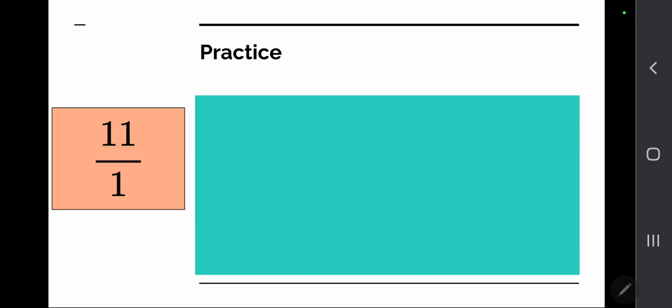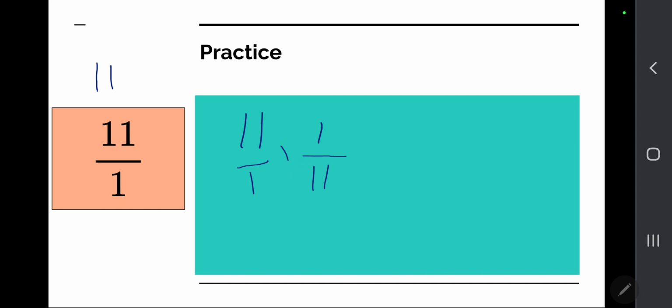Okay, all righty. And here's a similar one to that 9. So we have 11 over 1. We really could just simplify this later and just say that we're talking about the whole number 11. Okay, so let's just take the reciprocal of 11 over 1. If we take the reciprocal, our numerator will now be 1, and our denominator will now be 11. All we did was flip that fraction.